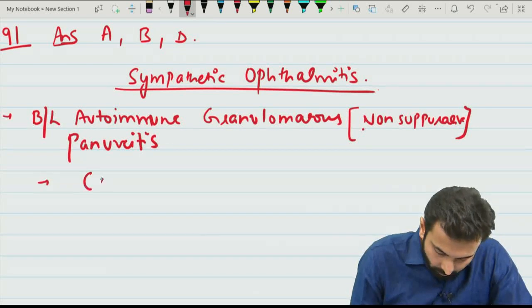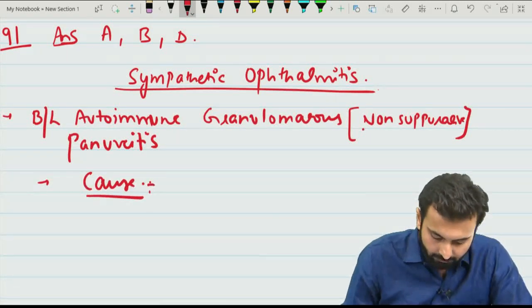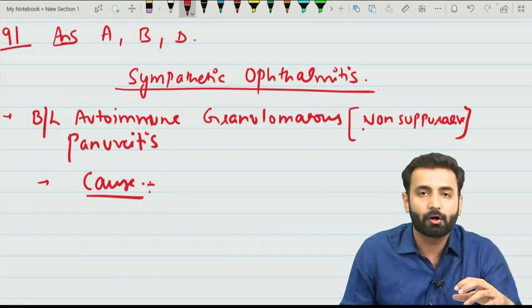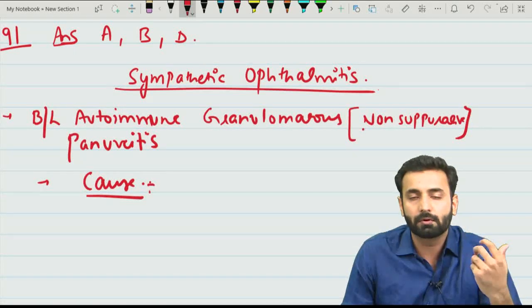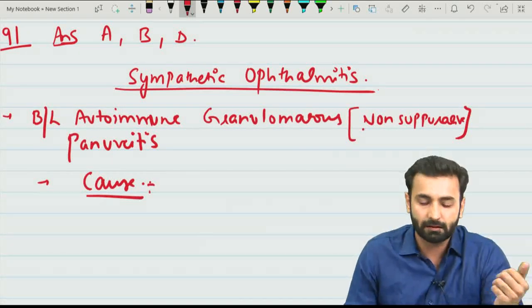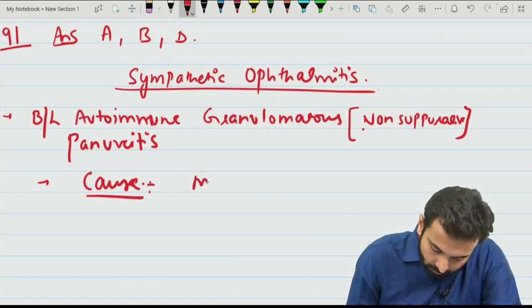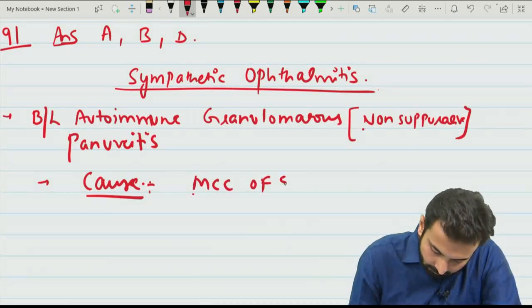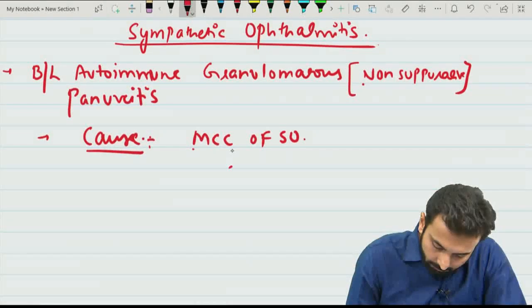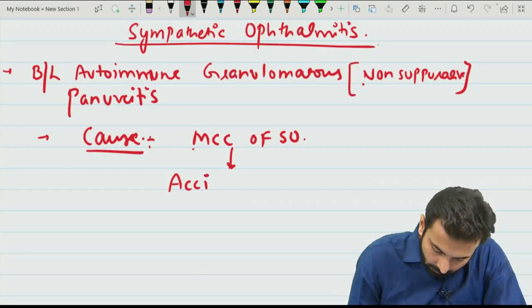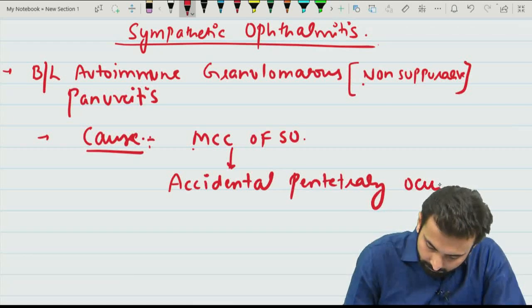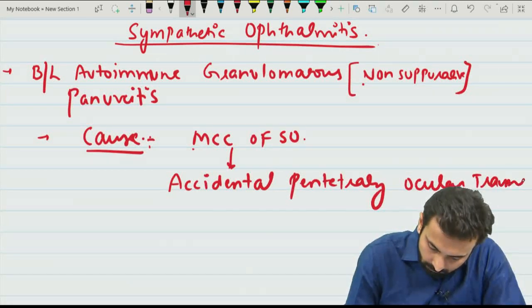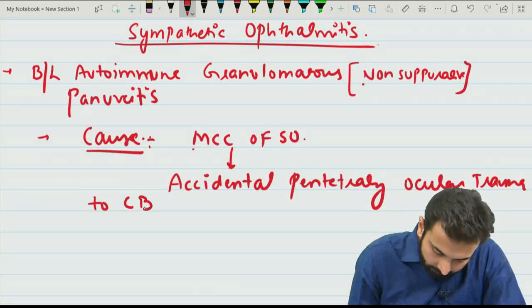Now coming to the cause of sympathetic ophthalmitis, why it happens. It basically occurs after accidental penetrating trauma to the injured eye. The most common cause, if it is asked, write down, will be accidental penetrating ocular trauma to ciliary body.